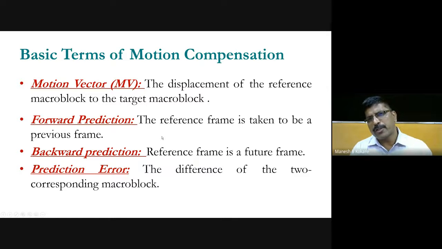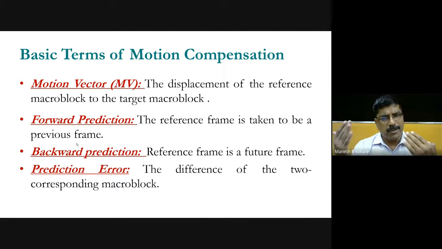In forward prediction, the reference frame is the previous one, whereas in backward prediction, the reference frame is the future frame. And prediction error is the difference of the two corresponding macro blocks between the target frame and the reference frame.